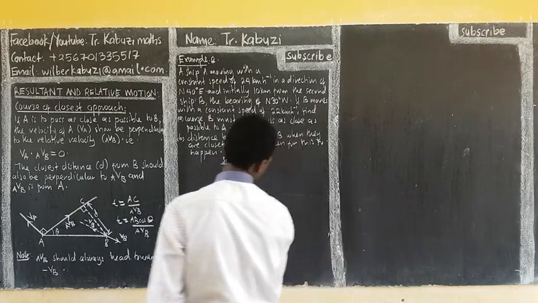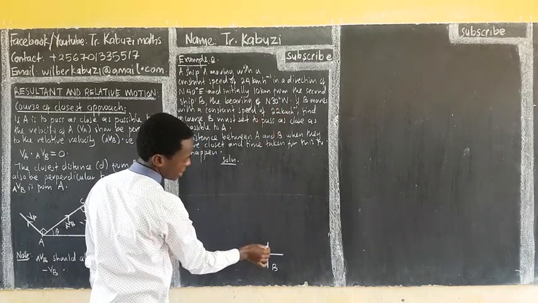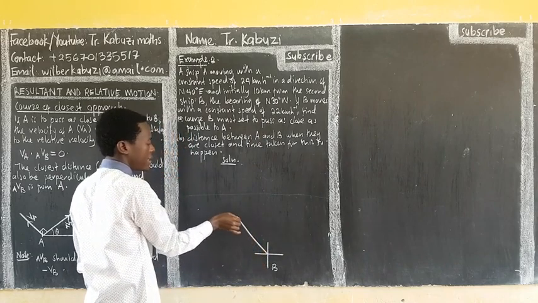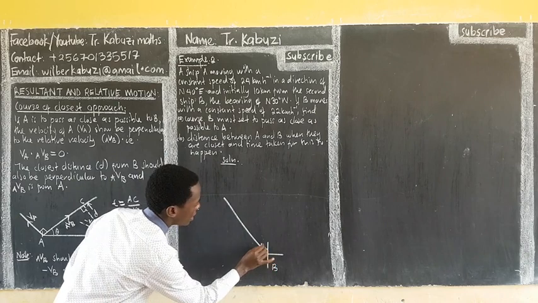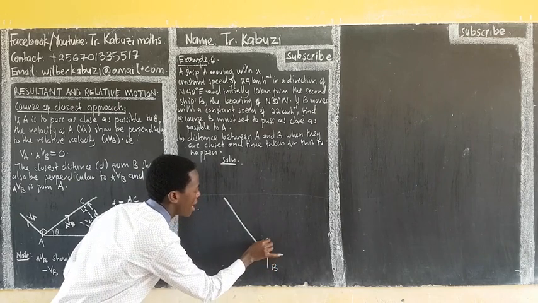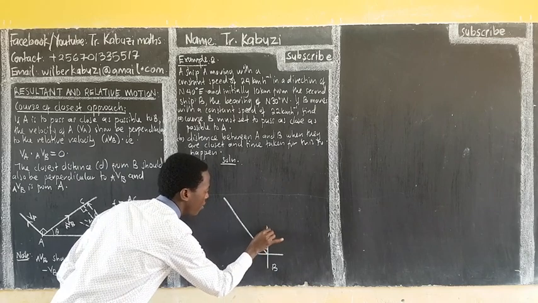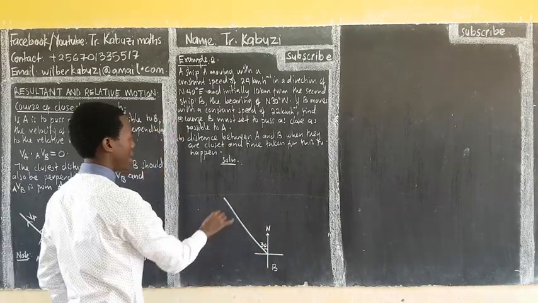So north 30 degrees towards the west. So this is north 30 degrees towards the west. So when we do this, like that, north 30 degrees towards the west. This is our north line there. You have to be careful and follow. Okay, that should be so.